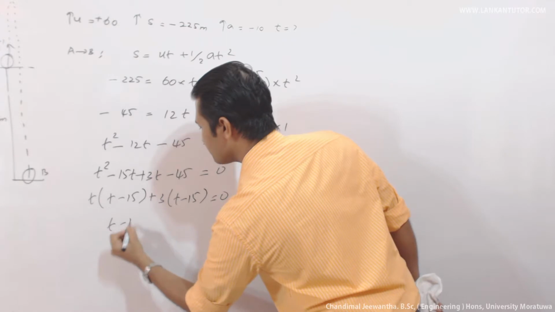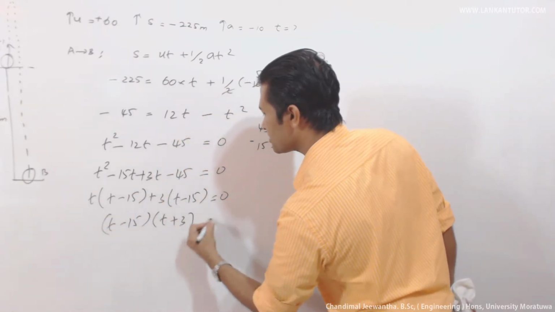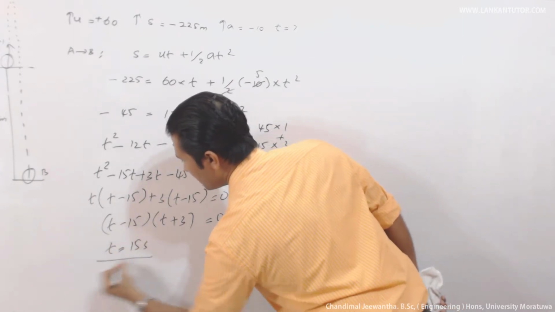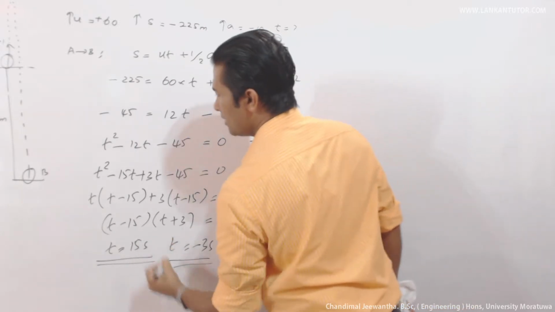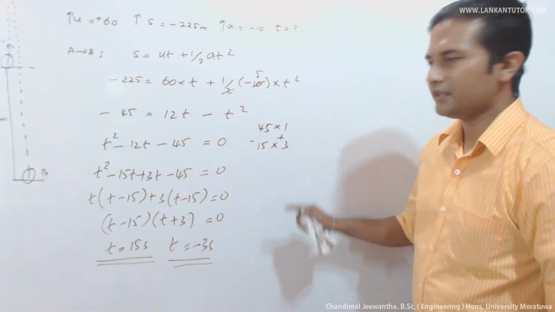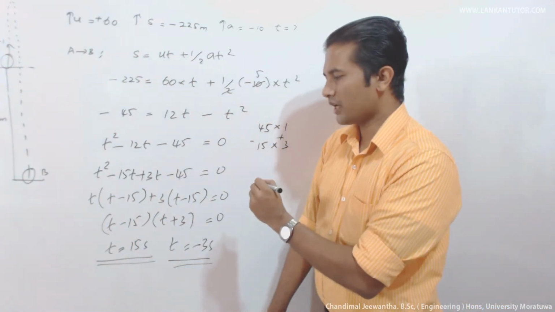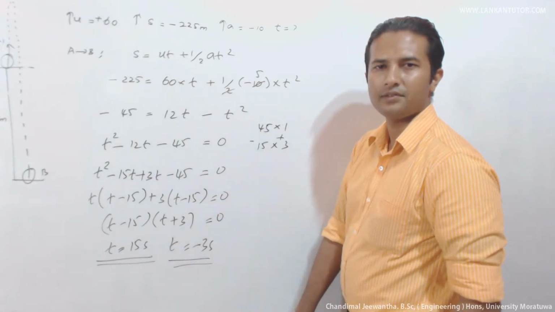So then t minus 15 can be taken out as a common factor, and the remainder is t plus 3. So the final answer is 15 seconds or minus 3 seconds. That is the time taken by the object in order to reach the bottom of the cliff.